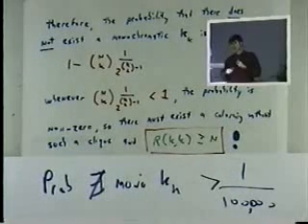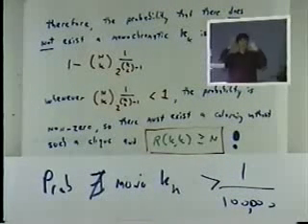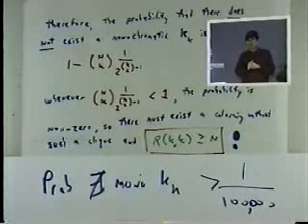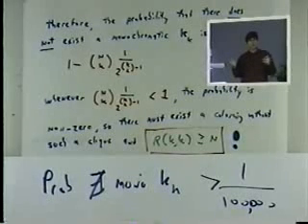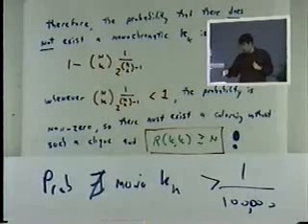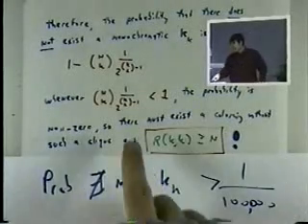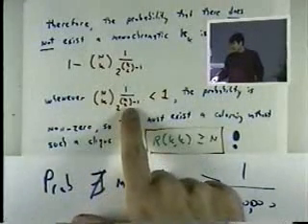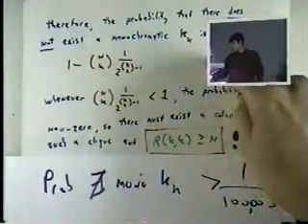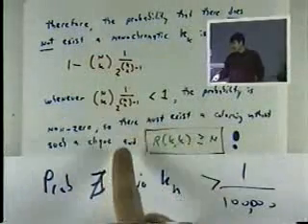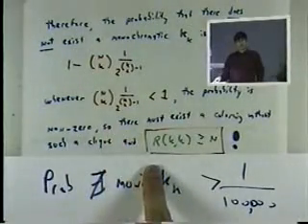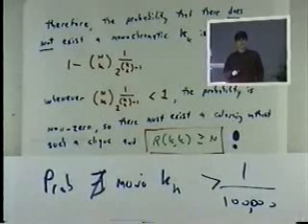The Ramsey number says I have picked a large enough value of n such that no matter how you color it, you're going to have a monochromatic thing. The fact that this leaves me with a probability of greater than 0 means that n is not large enough to guarantee the Ramsey number.